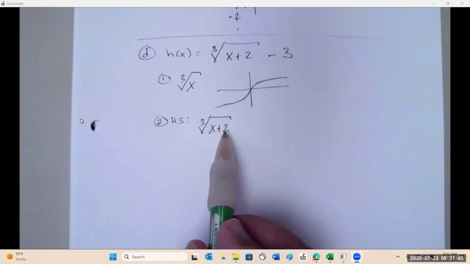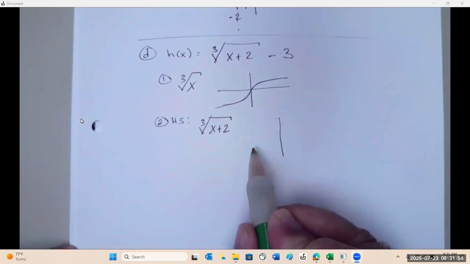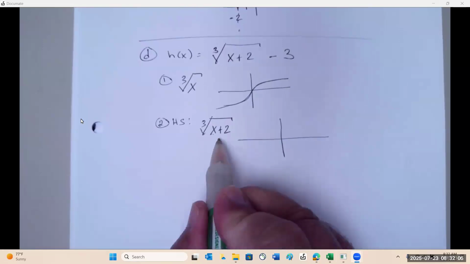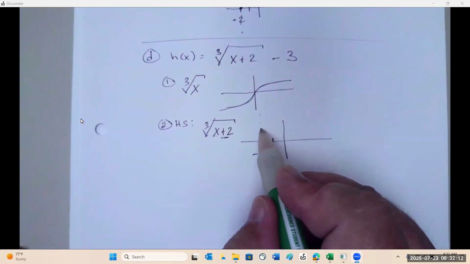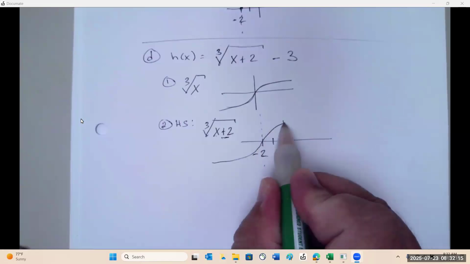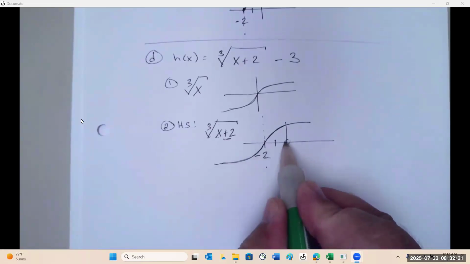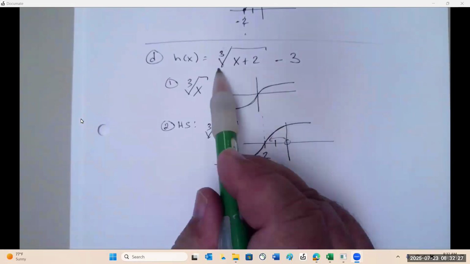So I'm changing my input, and then I take the cube root of it. Because it's +2, I'm going -2. So my origin has shifted from 0, 0 to -2, 0.